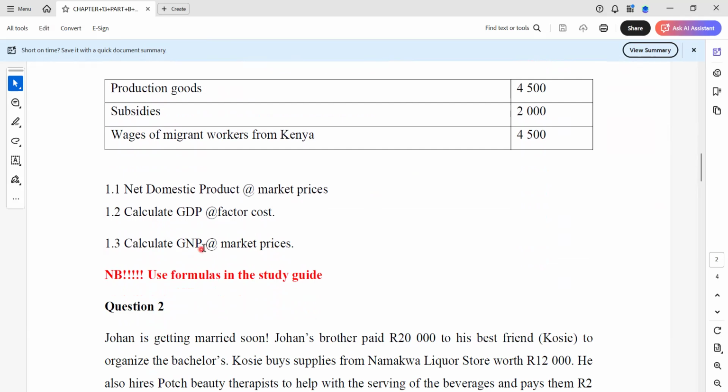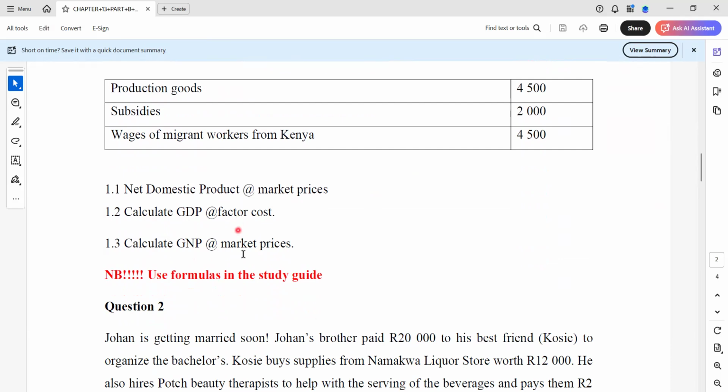And then also calculating GNP at market price. I said gross national product is the same as gross national income, right? We basically want to calculate the income which is earned by the permanent residents of South Africa, the citizens of South Africa, whether they're working here or whether they're working outside South Africa.